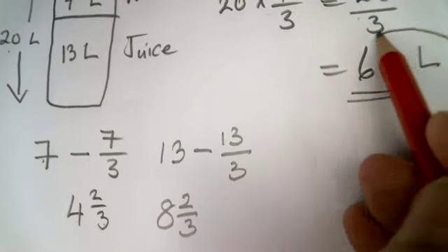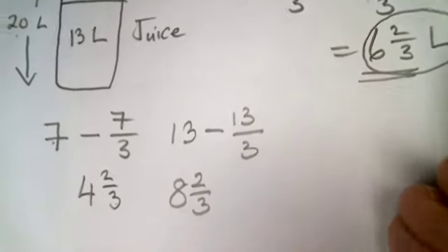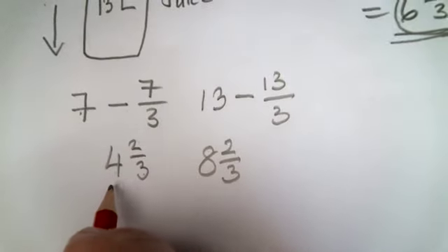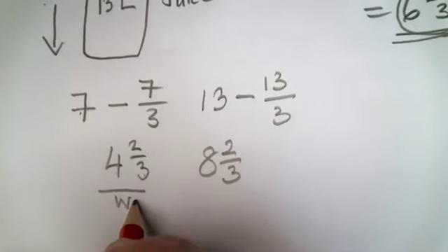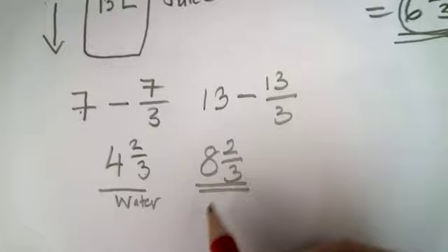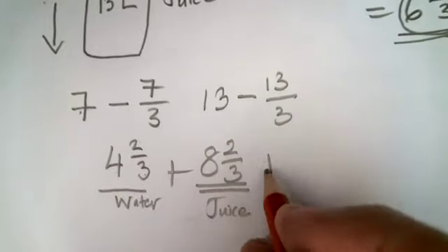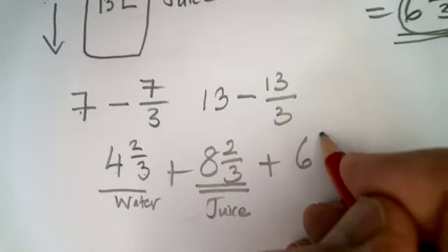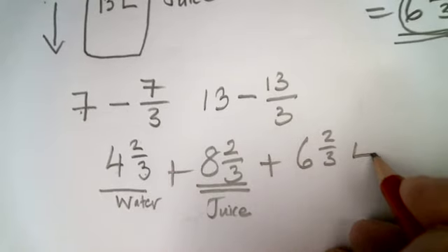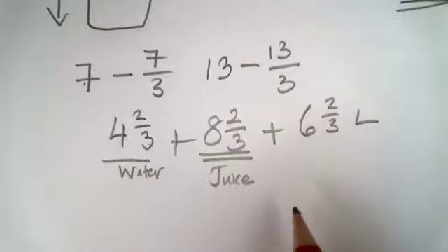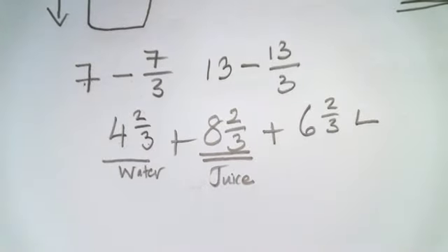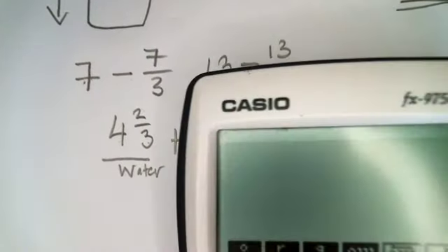So this is the amount that's been consumed. We're now going to put that much back in. So now we've got this much water. I'll put water here. This here is our juice. And this here is the amount we're going to pop back in, which is 6 and 2/3 of a litre. And all that together should equal 20. Let's actually just check that so I don't mess up too much.